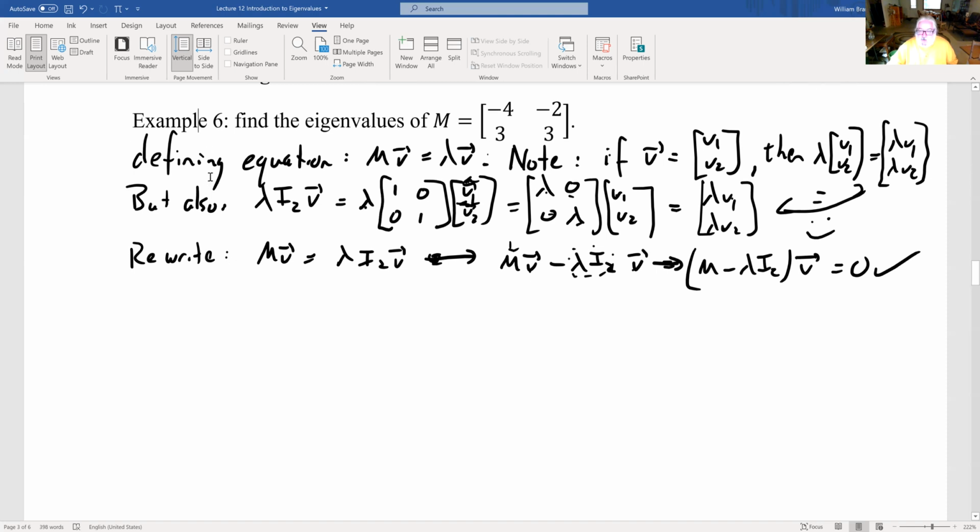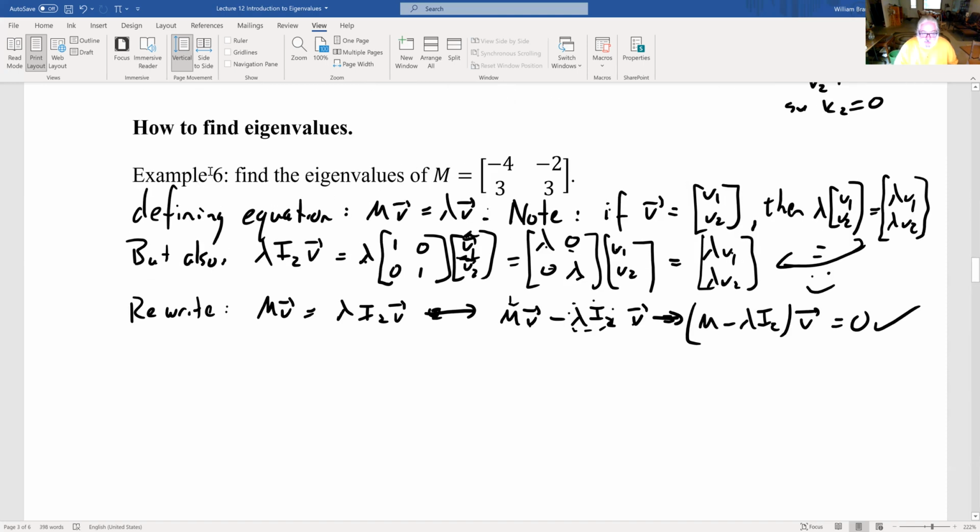So what do we got there? To find the eigenvalues, we need a non-zero solution; we need a non-zero V as a solution.